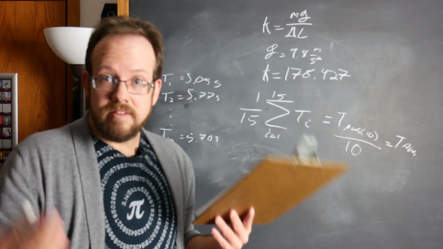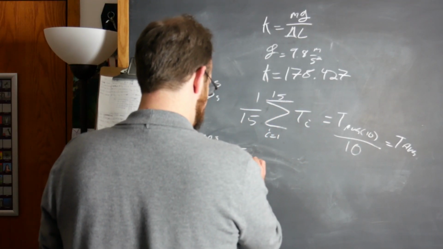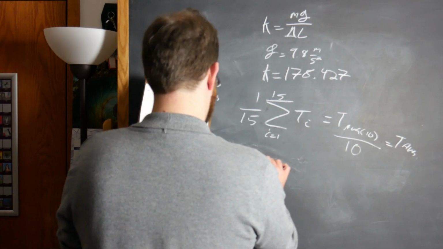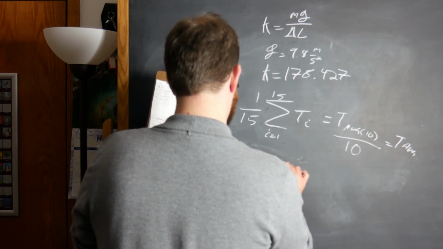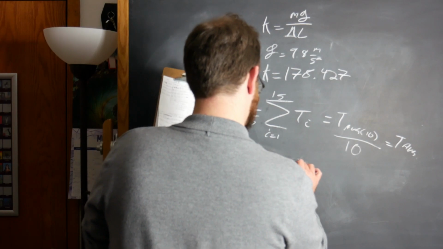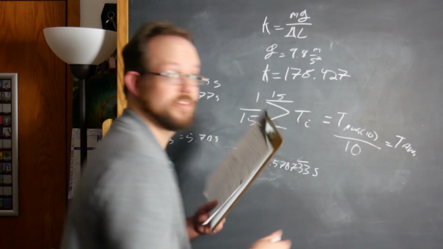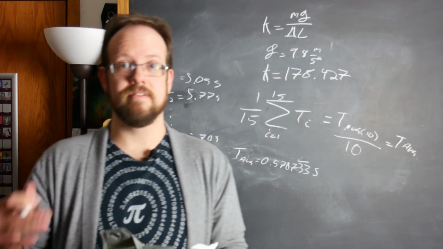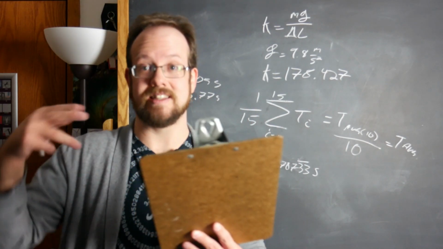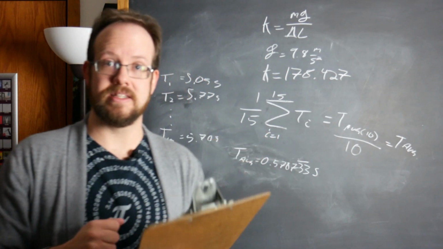When we do all of that, we'll end up with a final T average of 0.578733 repeating seconds as our period for one oscillation. That's the average period for one oscillation based on our measurements.